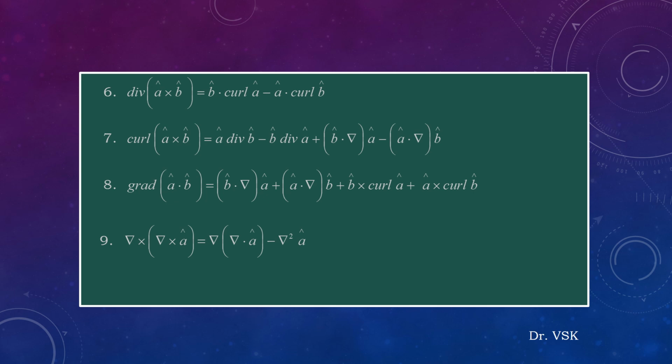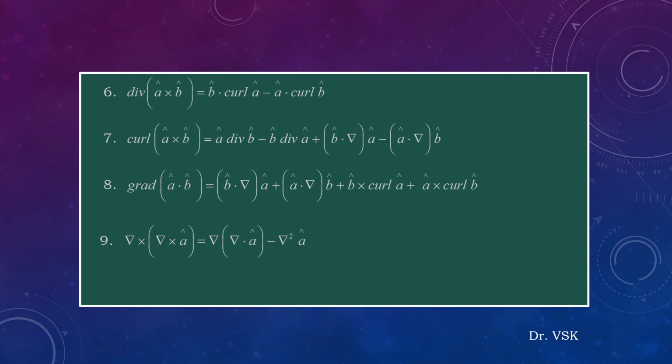The divergence of A cross B is the 6th identity. Curl of A cap cross B cap is the 7th identity. Let us first see our 6th identity. It is the divergence of A cap cross B cap is equal to B cap dot curl A cap minus A cap dot curl B cap.